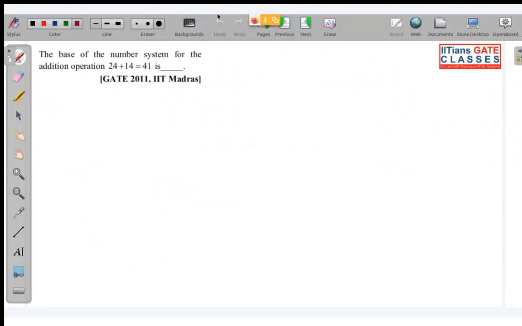Solve this one quickly. This question, Shubham, did you understand?